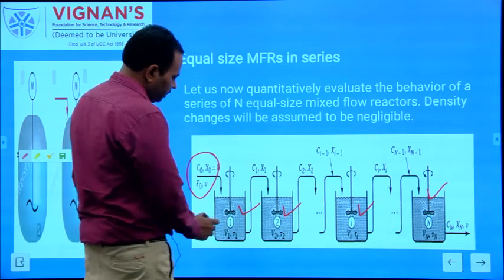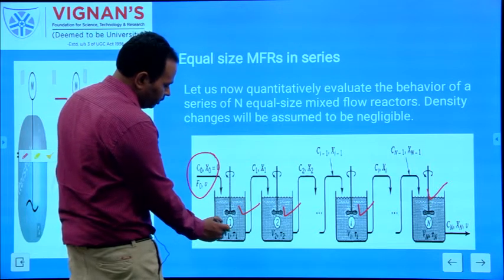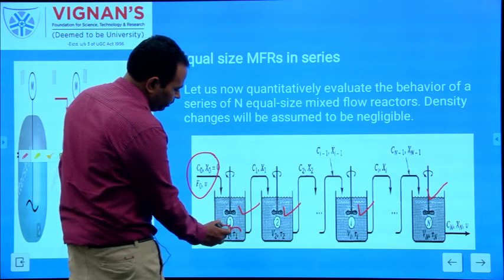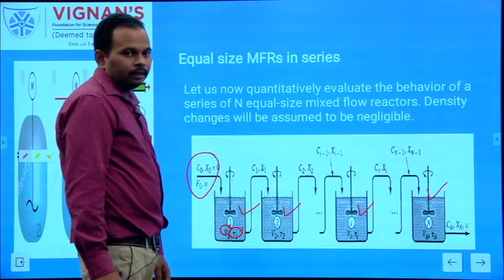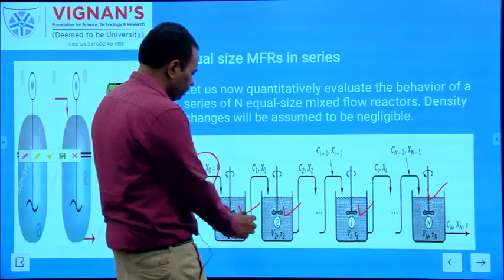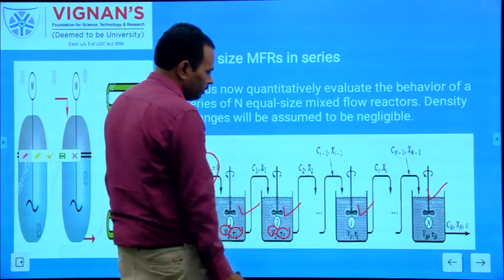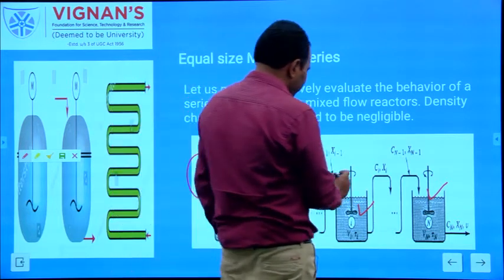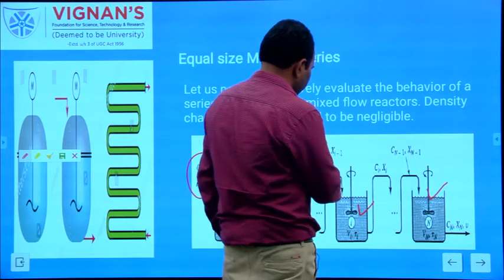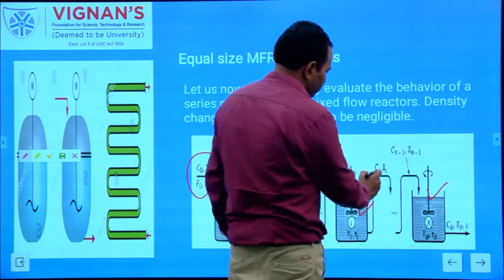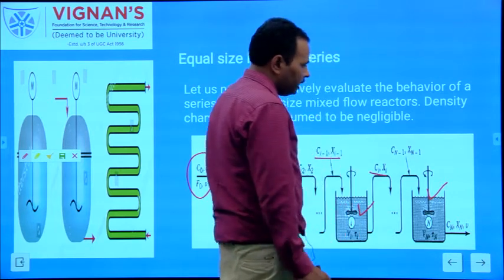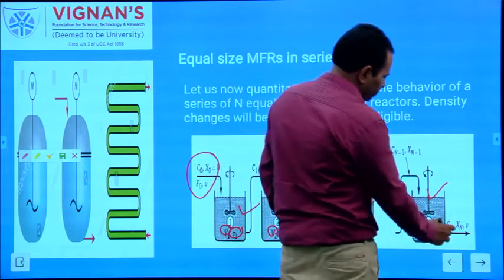Within each MFR we have the volume V1 and time T1, the space time required to obtain the desired conversion XA. For the second reactor we have V2, tau 2, C1, X1 and so on, C2, X2. For the ith reactor, C(i-1), X(i-1), Ci, Xi. For the nth reactor, C(n-1), X(n-1), Cn, Xn.